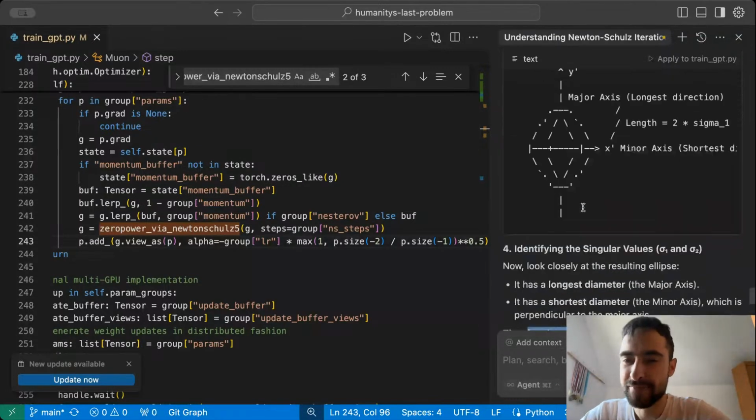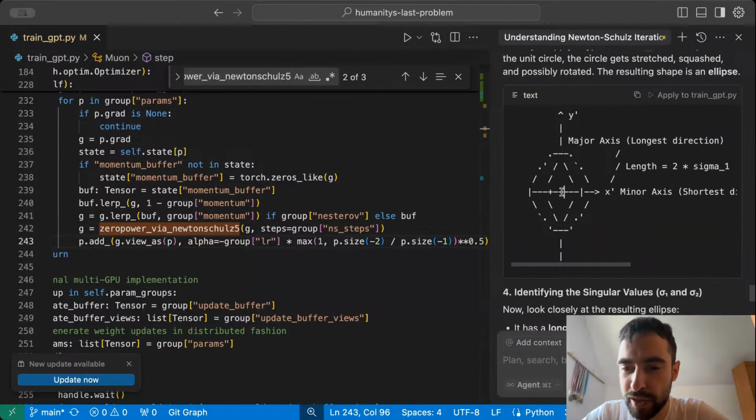Okay, so you take this short diameter of the ellipse, half of it is a singular value, and half of this long diameter is a singular value. So this is one vector going from 0 to this point, and from 0 to the shortest, closest point here.